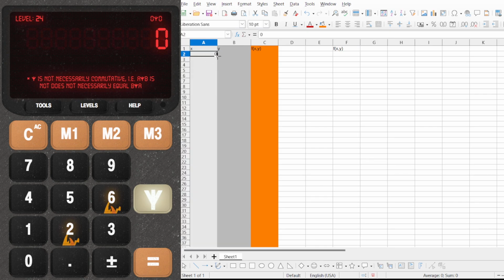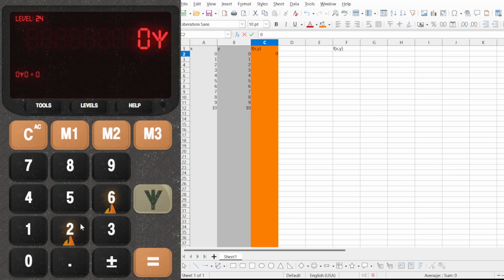Okay, now we're going to go like what we did before. We're going to type in a 0, expand to, let's say, 10. In most cases 10 should be enough. And now f of 0, 0 is still 0. F of 0, 1, however, is still 0. F of 1, 0, however, is minus 1.